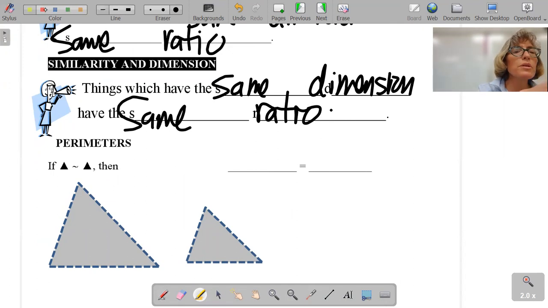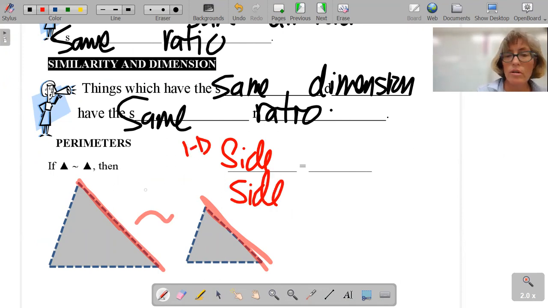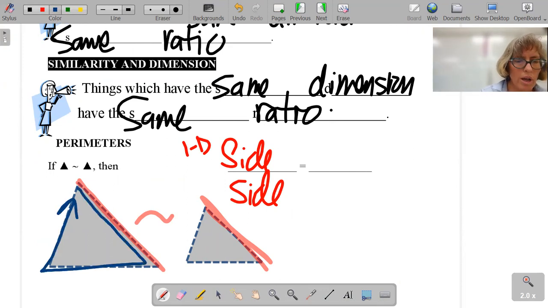So when you're dealing with similar triangles, the ratio of the sides, a side length over a side length, side lengths are 1 dimension, is going to be the same ratio as the perimeters.